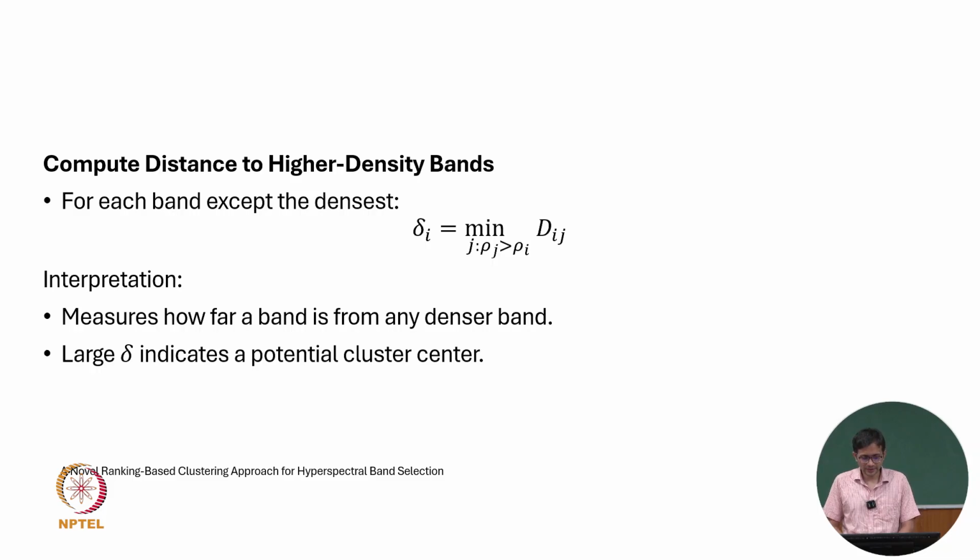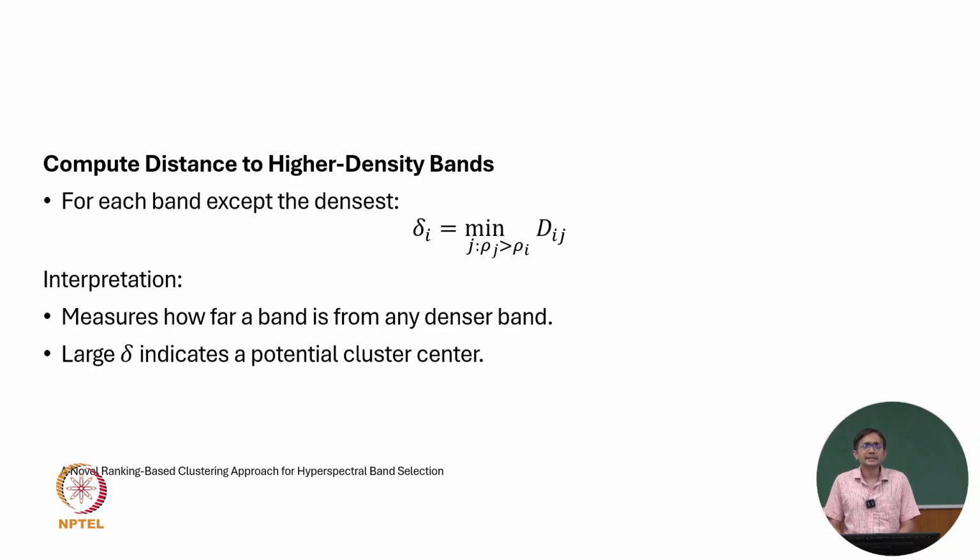So this is being computed for all the j's such that rho j is greater than rho I, right? And for all of them we are taking the Dij, which you remember from the similarity matrix, and then we are taking the mean of all of those terms.